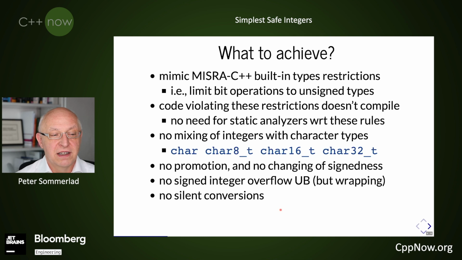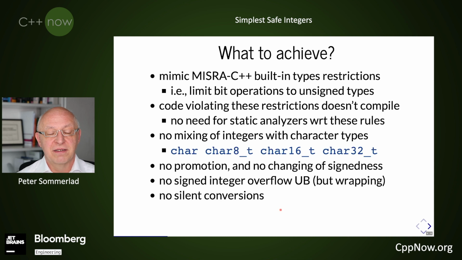Another thing is the many silent conversions we get with our built-in types. We happily convert from bool to numeric types and back. We silently convert between floating point and integers, forwards and backwards, depending on the context where something is used.